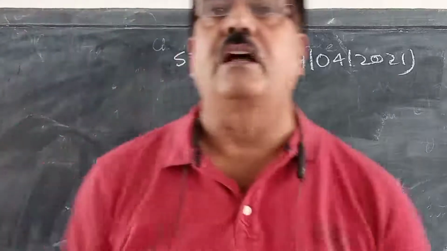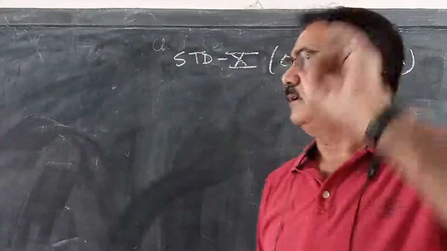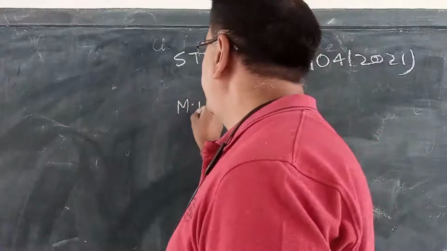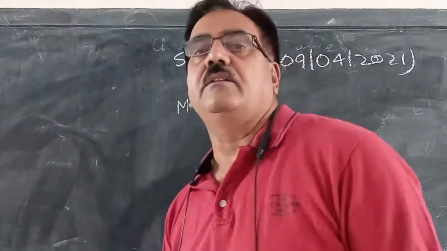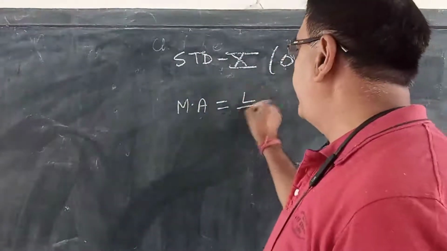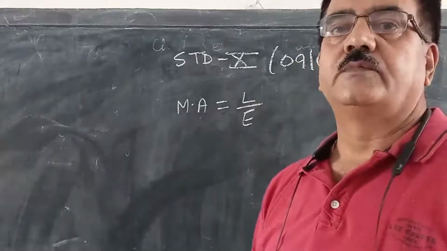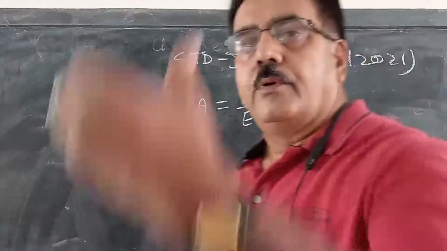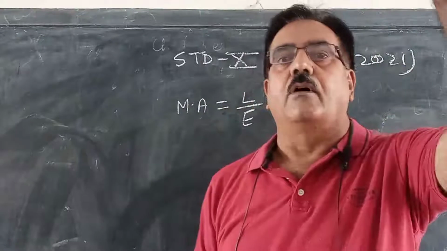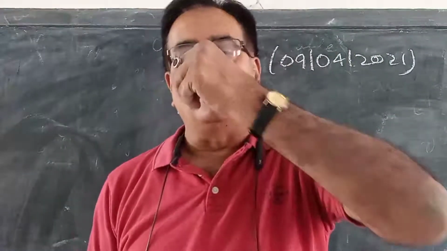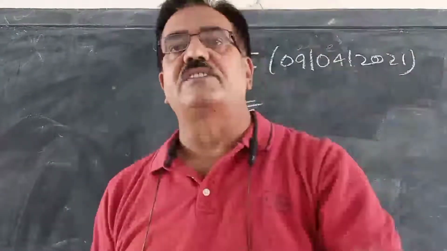As I explained in the class, in the chapter Machines, mechanical advantage of a machine is load by effort. Load: when we apply force on a machine to run it, then work is done by the machine.